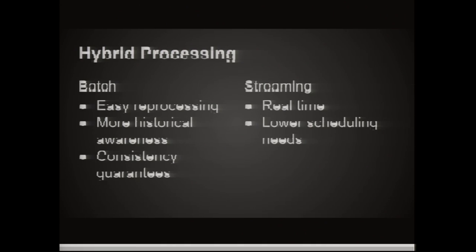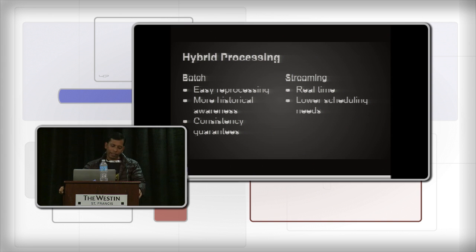Okay, so for processing, there are two ways of doing it: we could do batch as well as streaming. The advantage of batch is that the notion of reprocessing is well defined. You have a certain defined input and it's going to produce some output, and it's easy to reprocess if anything fails in batch processing.